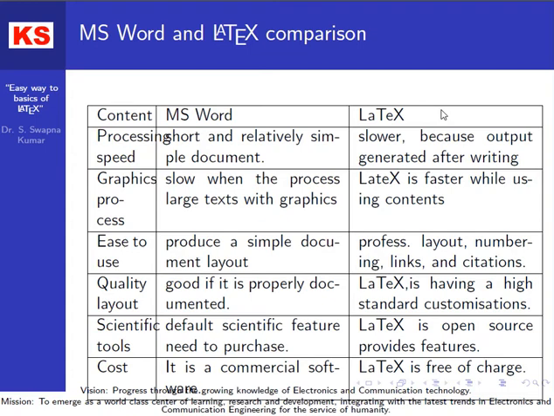But LaTeX is open source and provides the most commonly used features. Cost: users need to spend on software cost for a word processor, and it is commercial software. On the other hand, LaTeX is free of charge. So that's how, on one side it is open source, and on the other it is proprietary.